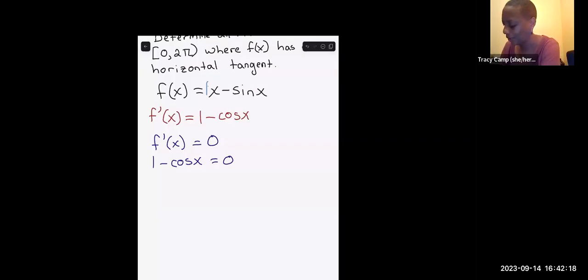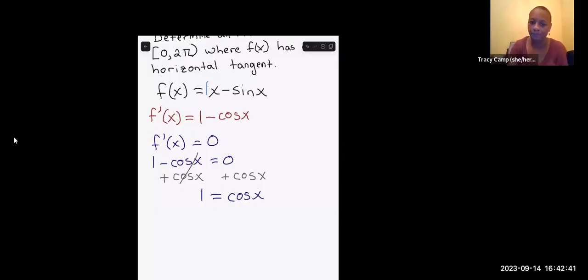So I'll move the cosine of x to the other side because it's negative on the left side. So it'll be positive. So I have cosine of x equals 1. And so now I'm going to see where it is on my unit circle that cosine is equal to 1.